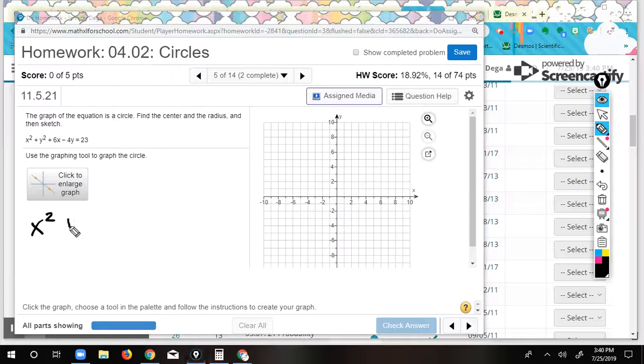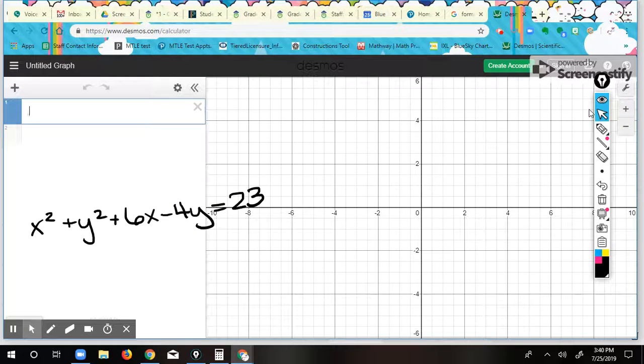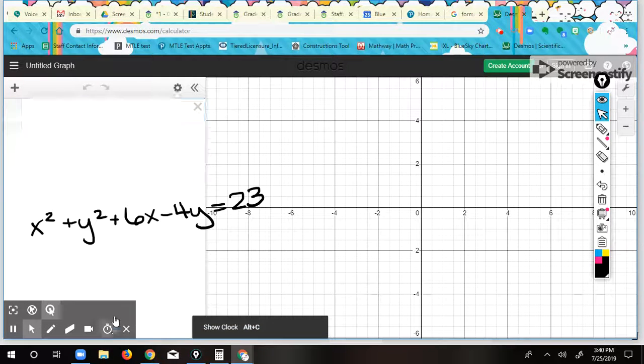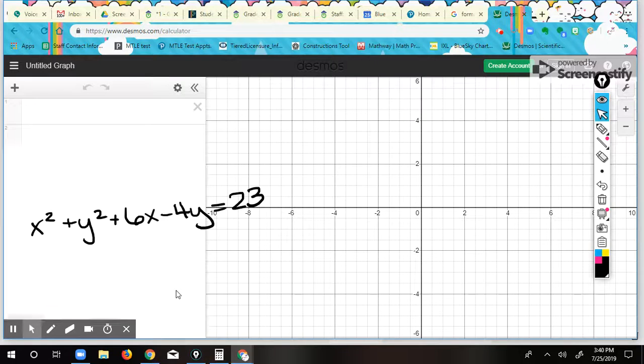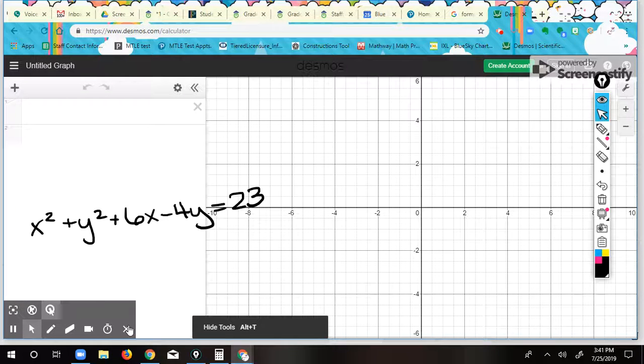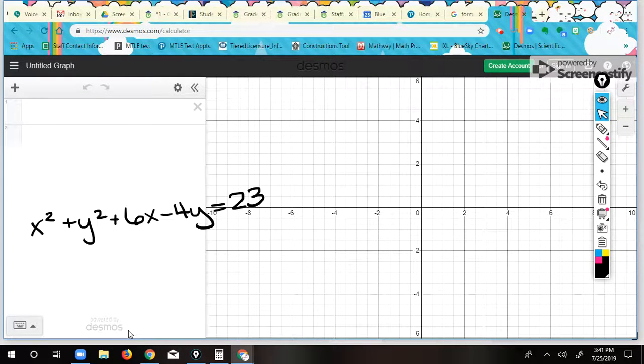X squared plus y squared plus 6x minus 4y equals 23. Now, I'm going to see if this works. We might have to complete the square, but might as well try it. We are on a time factor here, right? Hide tools. Okay.